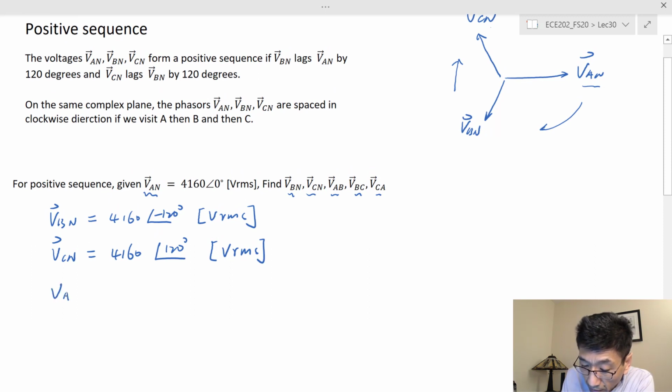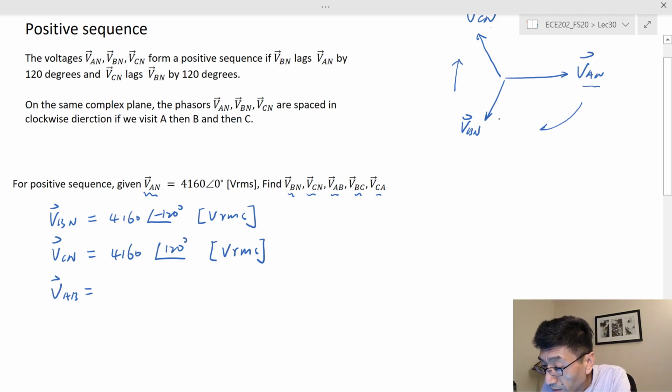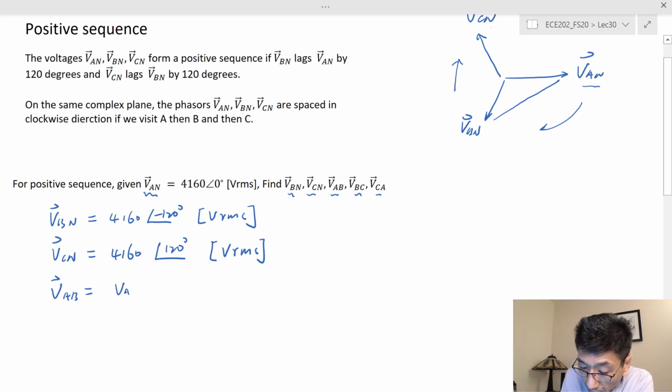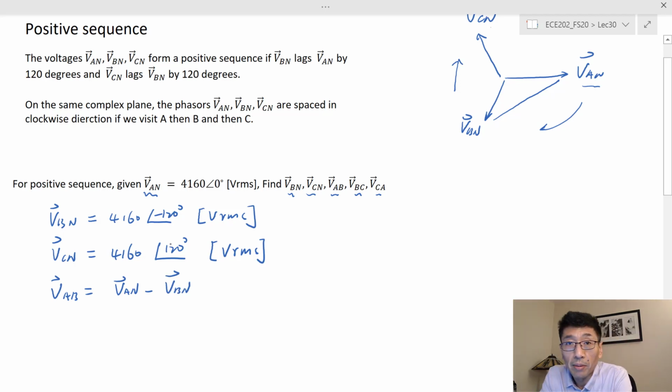VAB, right? If you do the phasor diagram, VAB is VAN minus VBN. If you still remember how we do the subtraction of two phasors, that's going to be the phasor from VBN pointed to VAN, right? If you apply the geometry here, this is 30 degrees, this is 30 degrees, and this is 90 degrees.